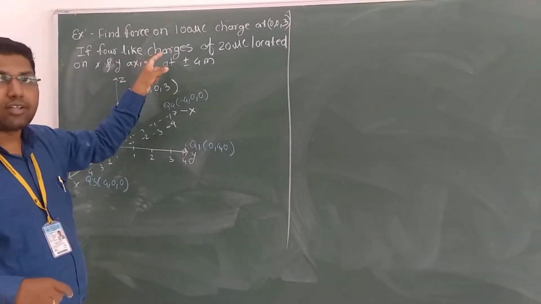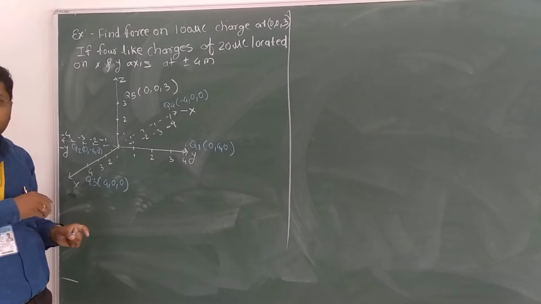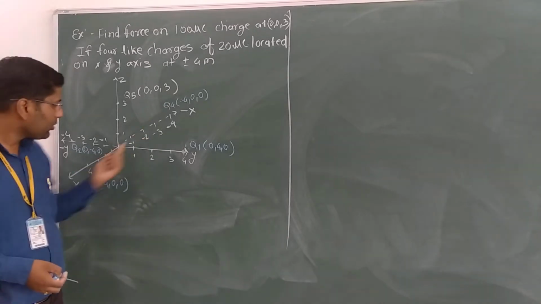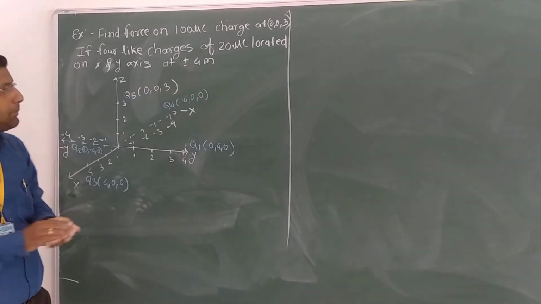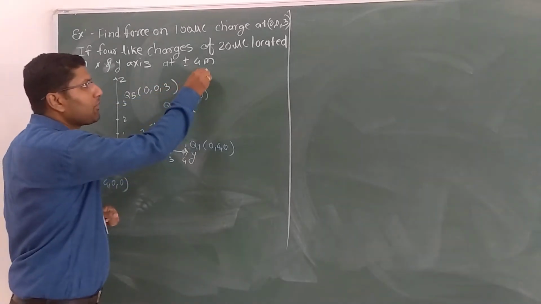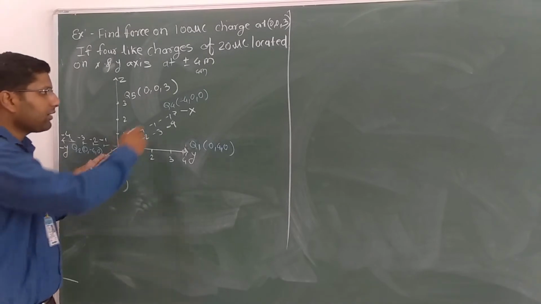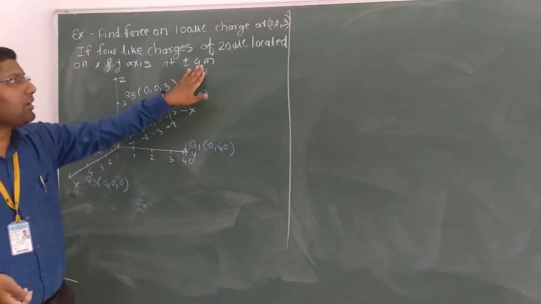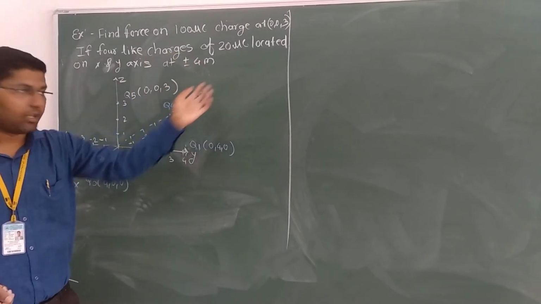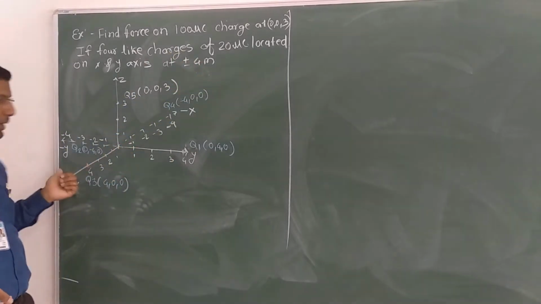So these charges are located at plus and minus 4. Don't distribute that as plus 2 and minus 2. They have given plus and minus 4. If they had given only 4 meters, then you would have to distribute it as minus 2 and plus 2. But here they have given plus and minus 4 meters, so minus 4 and plus 4.